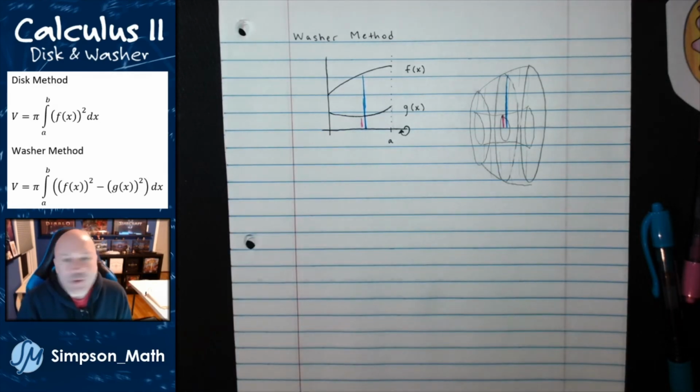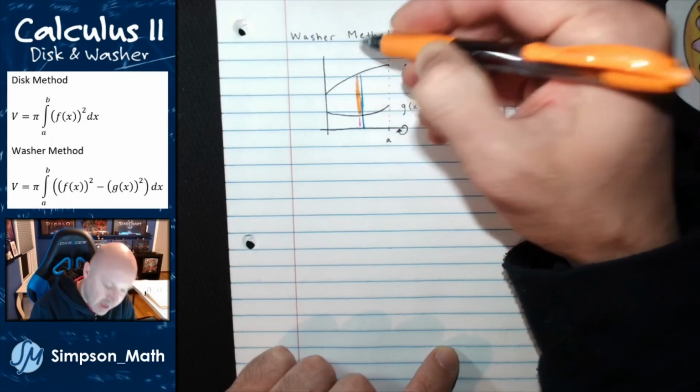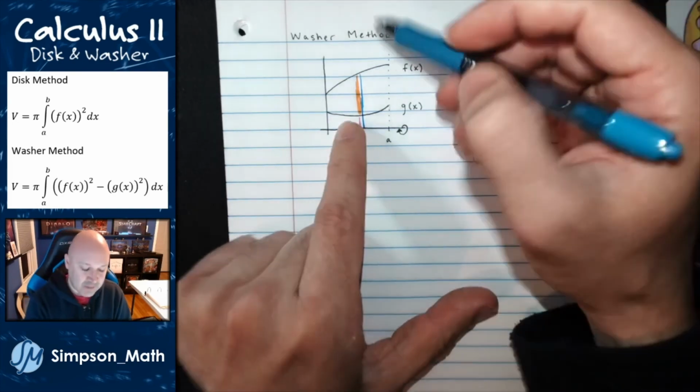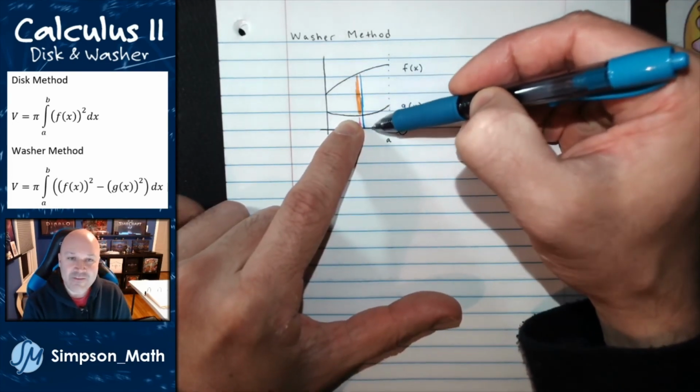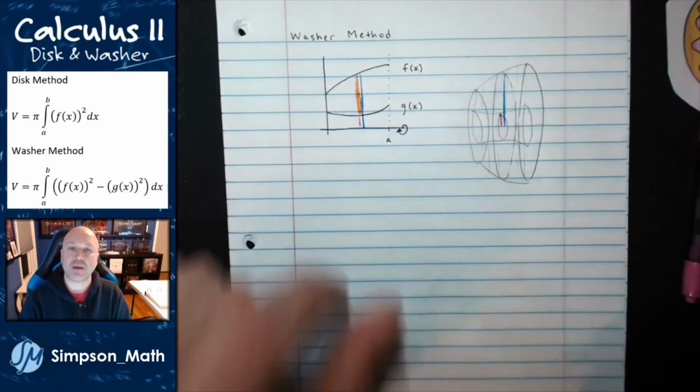But in this case, I don't want f and I don't want g. I want the region that's formed between f and g. So that should sound very familiar to you. If I were calculating area between two curves, how would I calculate that orange area? Well, I would take the area of f, the bigger area, and subtract the smaller area, pink.